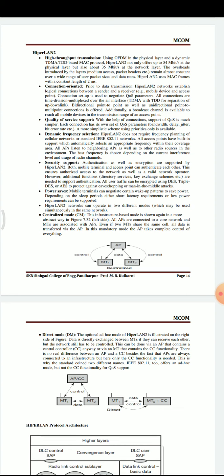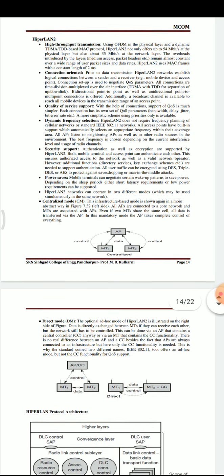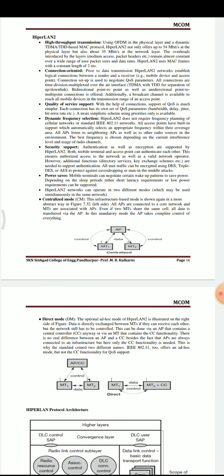Security support is another feature provided by this HyperLAN 2, in which authentication as well as encryption is supported in this local area network. Both mobile terminal and access point can communicate with each other only after the authentication process. This ensures authorized access to the network as well as a valid network operator.